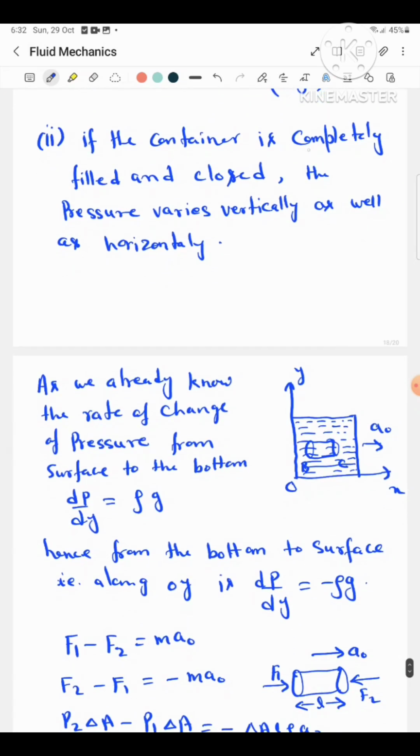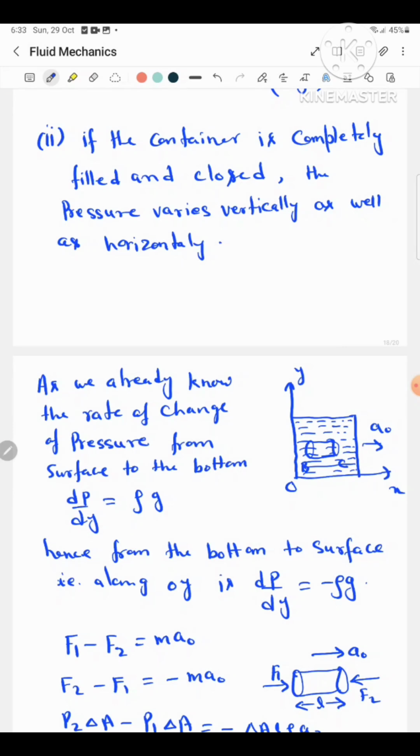If the container is completely filled, second situation. Here we will now discuss the second situation. If the container is completely filled and the container is closed also, so here we will not take the atmospheric pressure. The pressure varies vertically as well as horizontally.